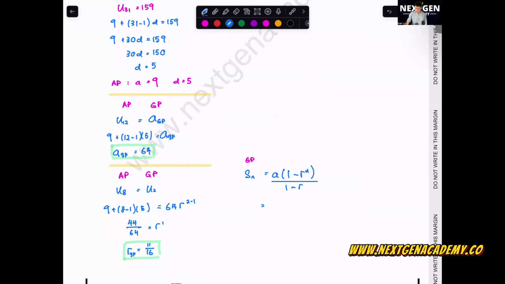We sub in 64, 1 minus 11 over 16 to the power of 6, over 1 minus 11 over 16.